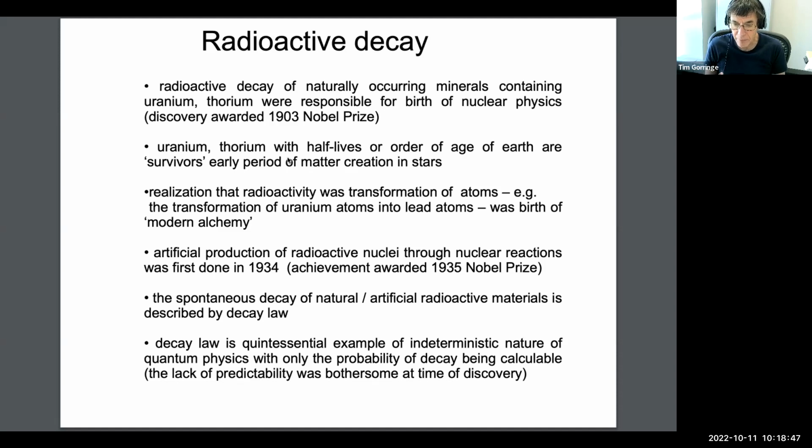Actually, the understanding that radioactivity is the transformation of one atom of one type into an atom of a different type was a breakthrough that took several years after the discovery of radioactivity. It was the realization that there is a modern alchemy: you can change one atomic species to another atomic species.